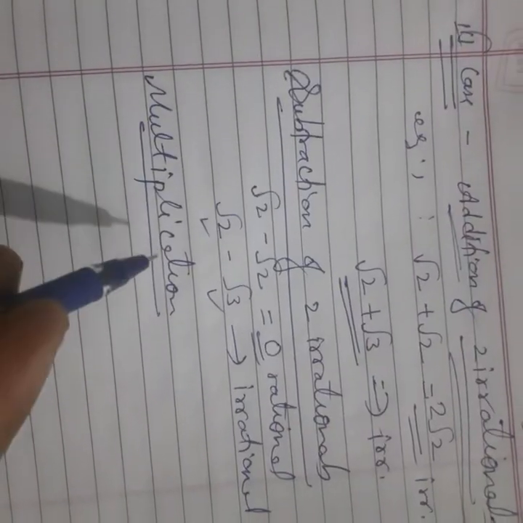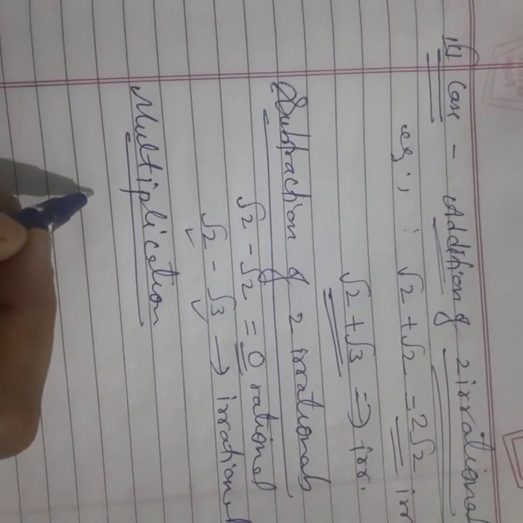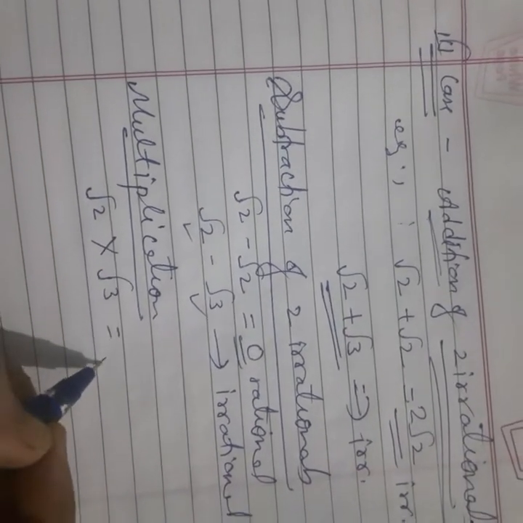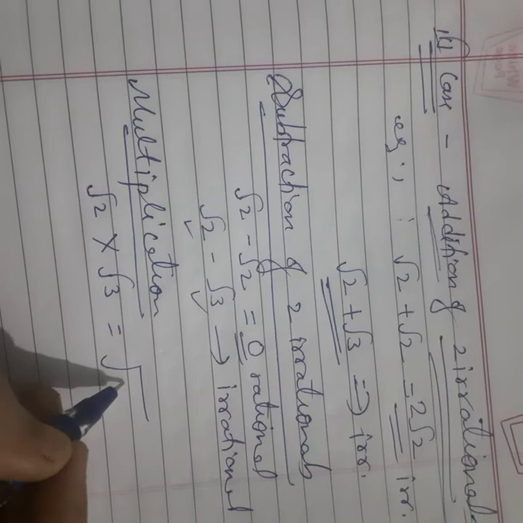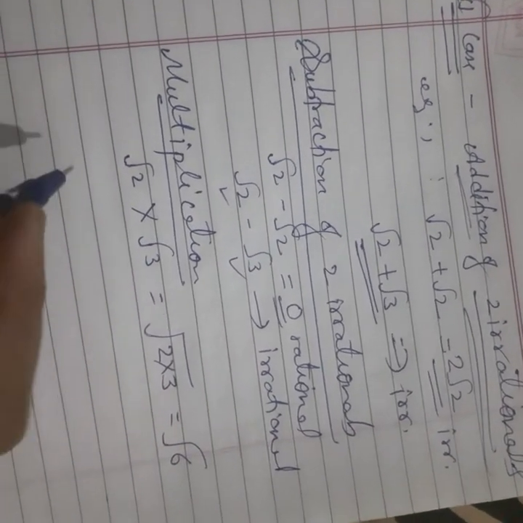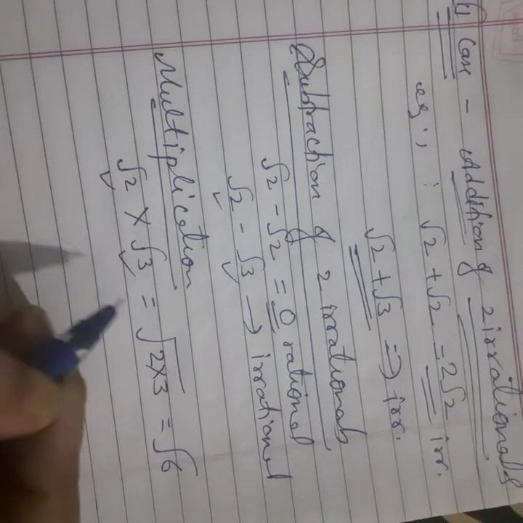Now discuss multiplication. In multiplication, √2 into √3, then inside the root, 2 into 3, and it is √6. Okay, when you are taking different irrationals.